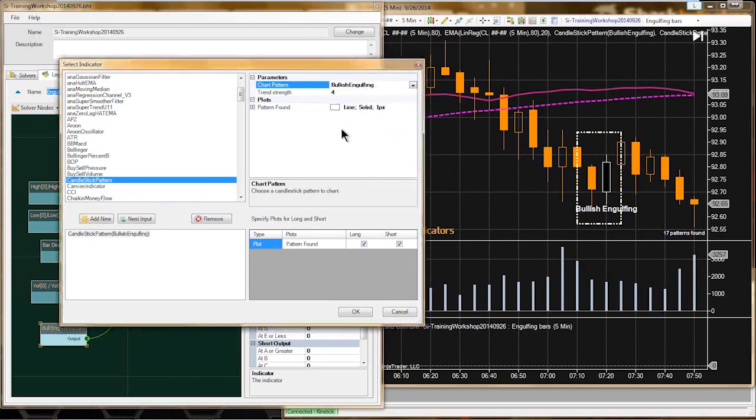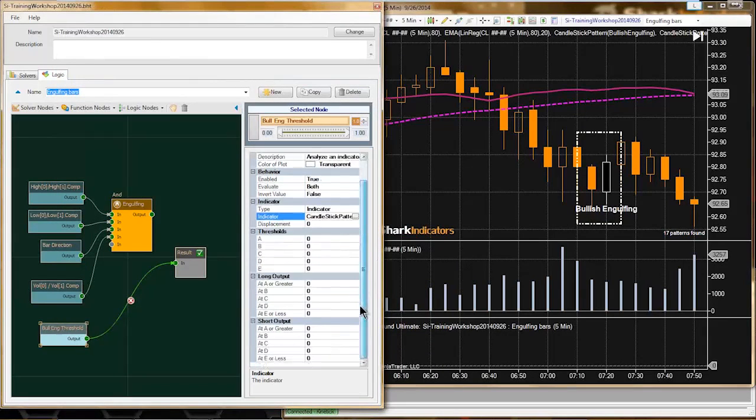So we're looking for bullish engulfing, and remember I set my strength down to 1. This indicator only has one plot, so that's all selected for us. Essentially what that plot does is it goes from 0 to 1. When the indicator finds the pattern you're looking for, that plot sets itself to a value of 1.